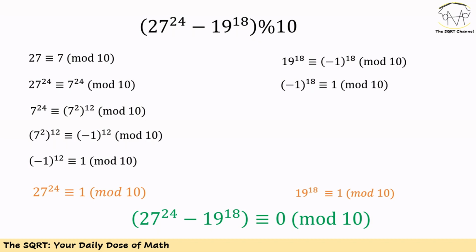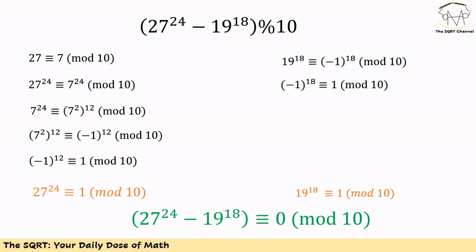Remember, 7 squared is going to be 49, which is very nice for modulus 10 because we know we can write 49 as 50 minus 1, and 50 divided by 10 is going to be 0. So at the end, we can say 7 squared and minus 1 are congruent for modulus 10.